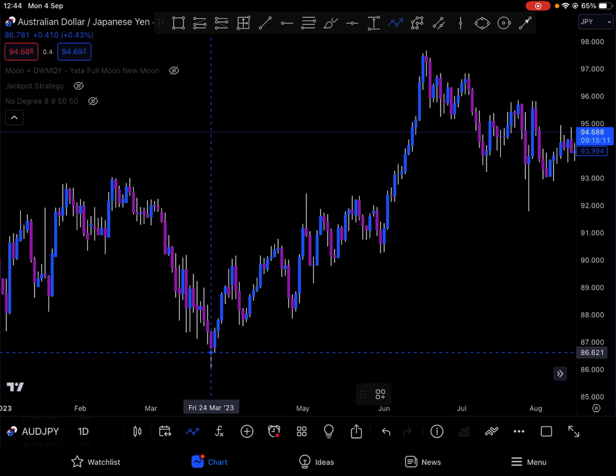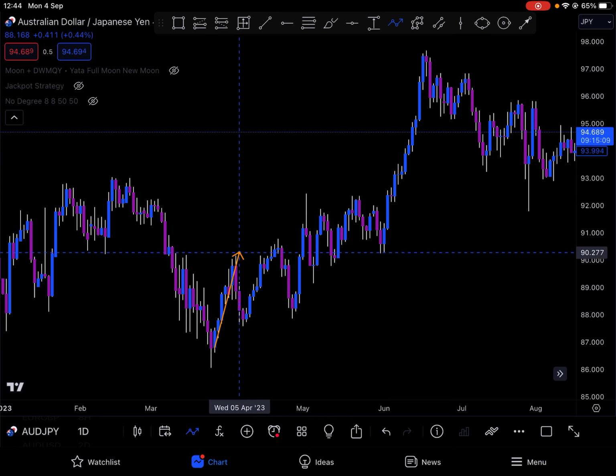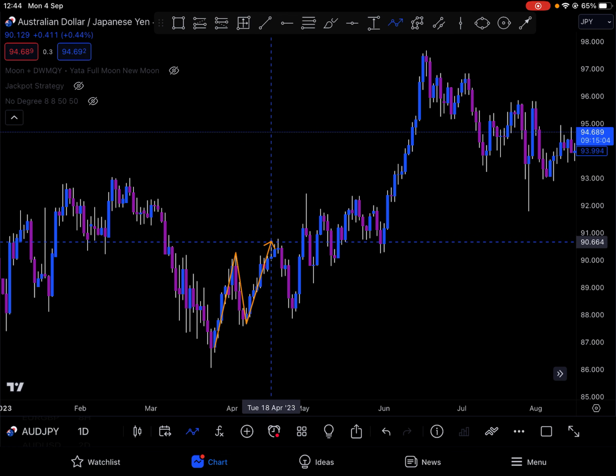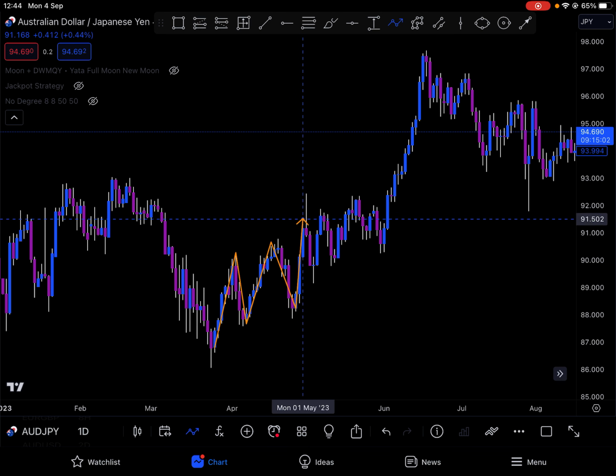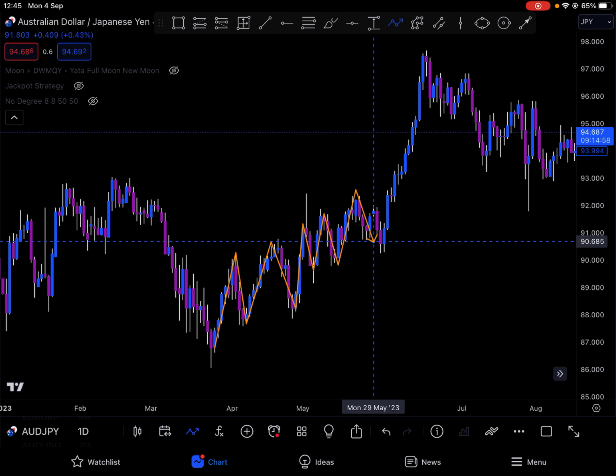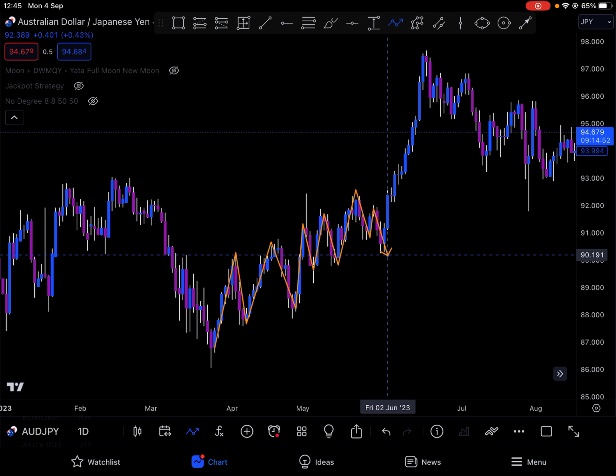This is the inception point of the bullish trend. High, high, high, low. High, high, high, low. High, high, high, low. Lower high, lower low.